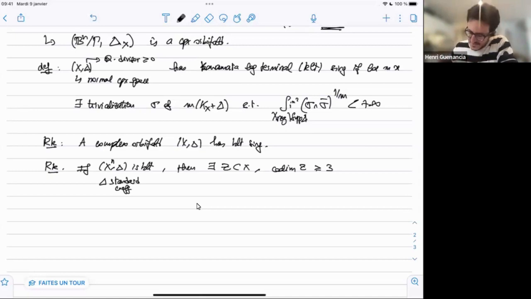So if X is a surface, Z would be empty. And there exists such a Zariski closed subset such that away from Z, it's just a complex orbifold.